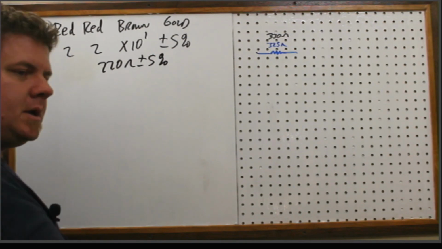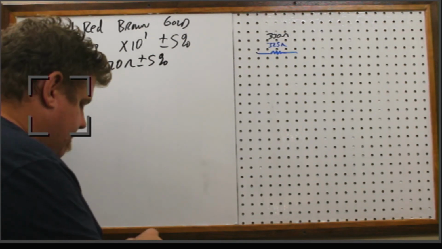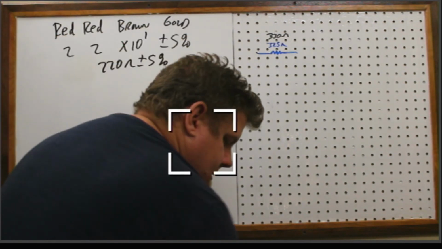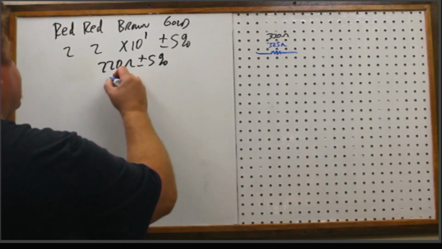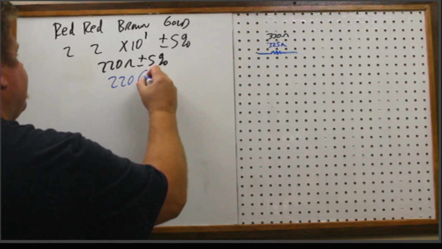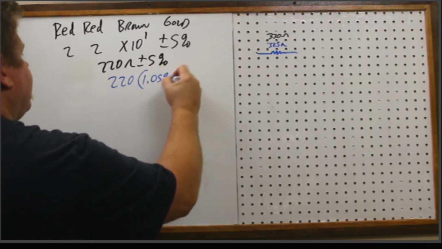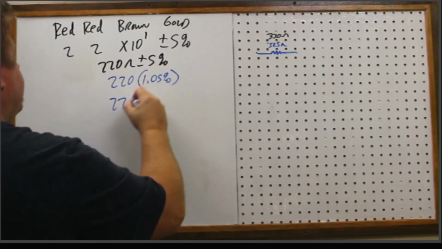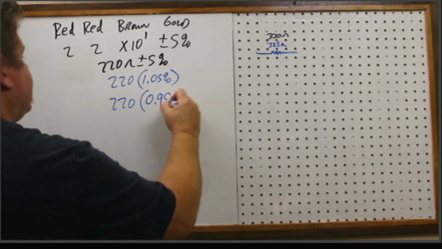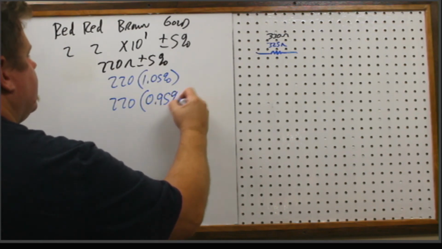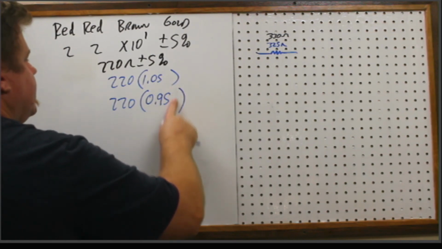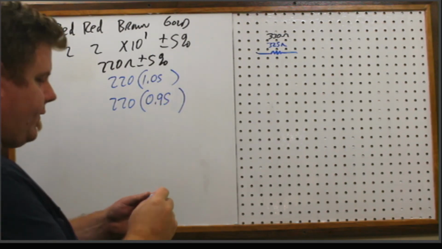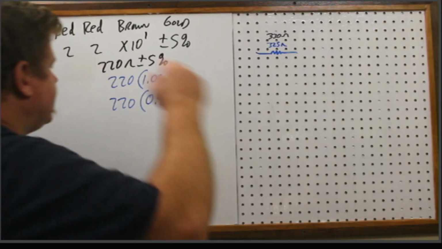So now if I want to find the maximum and minimum of this resistor, I take 220 times 105%, or 1.05, and 220 times 95%, or 0.95. Okay, and I put the percent on here. I shouldn't have it. Just 1.05 and 0.95. If I did that in the previous example, that's a mistake.